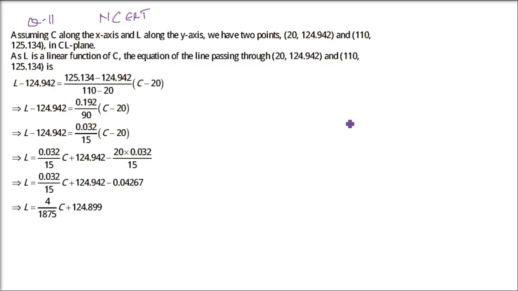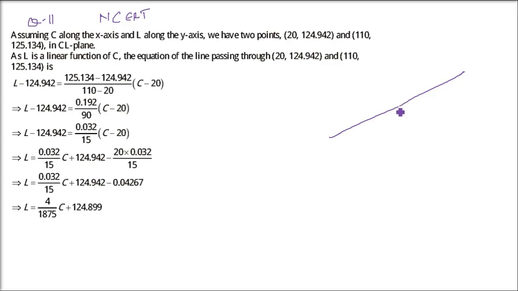So length and temperature follow each other as a linear equation, so there will be a line that the x and y coordinates are making. So there are 2 points actually. This is a line and there are 2 points, and these 2 points are given in the question.